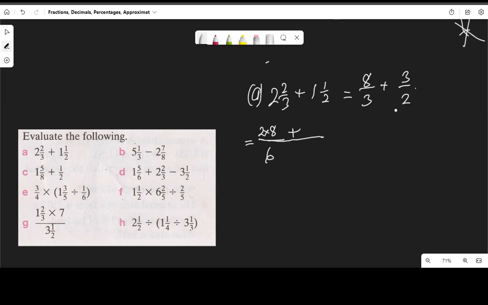We divide the LCM by the denominator and multiply the result by the numerator. 6 divided by 3 is 2, multiplied by the numerator 8. Then 6 divided by 2 is 3, multiplied by the numerator 3.